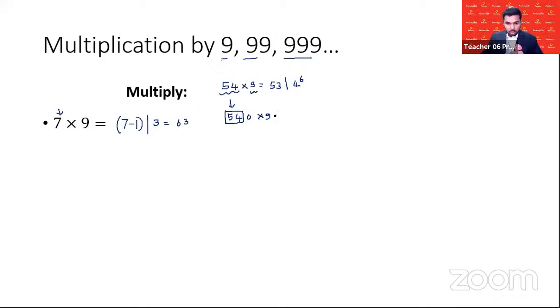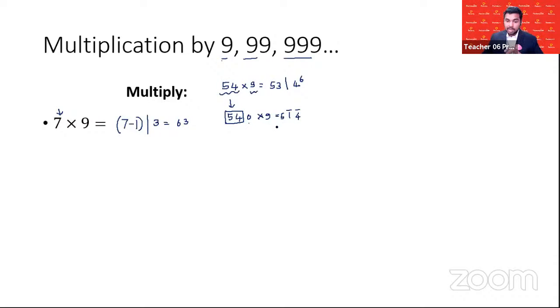So 54 into 9 is going to be 4 minus 5, which is what? 1 bar. And 0 minus 4, which is going to be what? 4 bar. And the first number you are going to put as it is, which is 5. So it is 5, 1 bar, 4 bar.